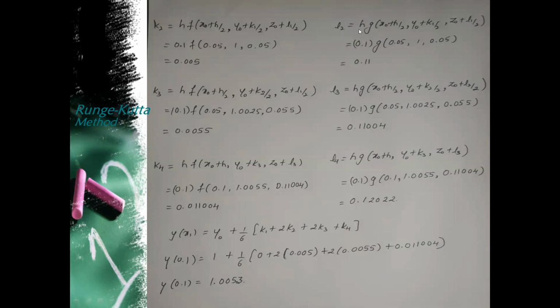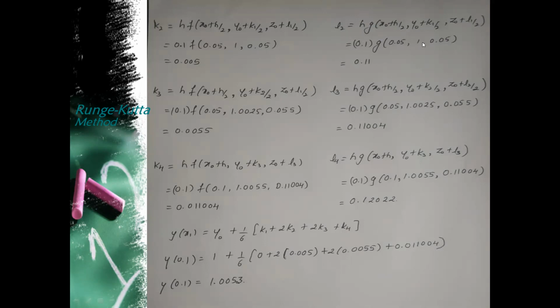Now we go for L2. L2 is h into g of x naught plus h by 2, y naught plus k1 by 2, z naught plus L1 by 2. Already we have calculated these values. Let us write them here again. g of 0.05, 1 and 0.05.